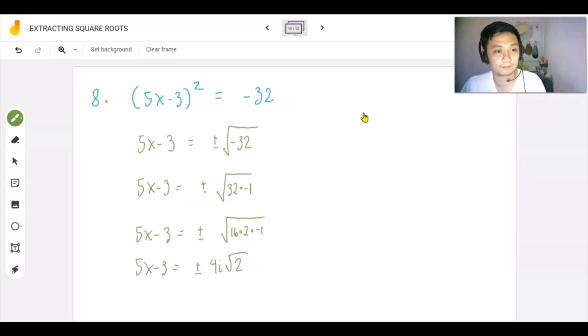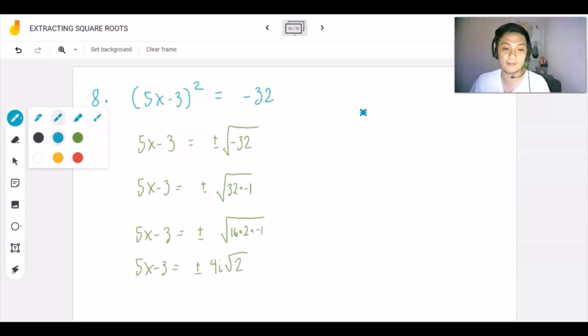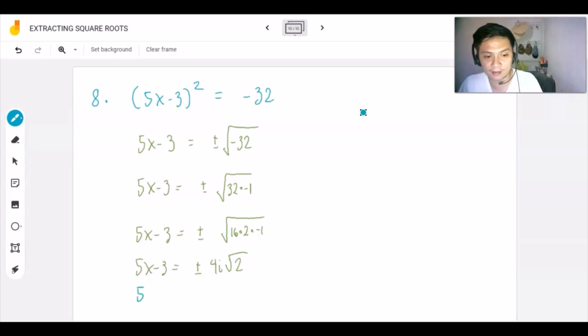Next is to isolate 5x, meaning eliminate negative 3. At kagaya kanina ng ginawa natin ay, yung tinranspose natin na constant ay nilagay natin sa unahan ng positive or negative sign. So, we'll have 5x equals positive 3 plus or minus 4i square root of 2.